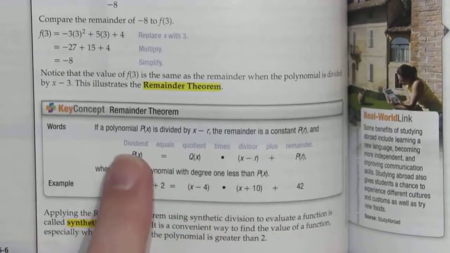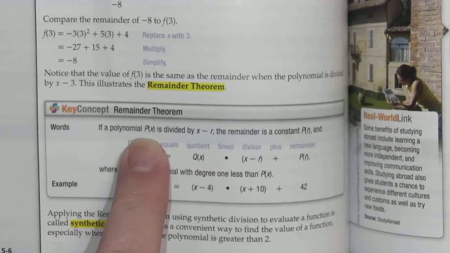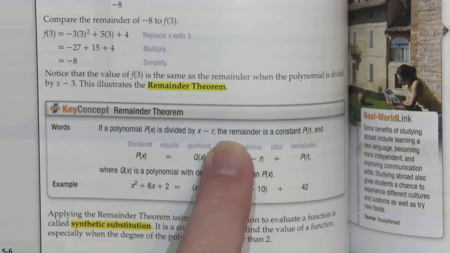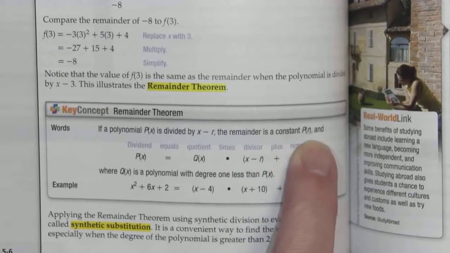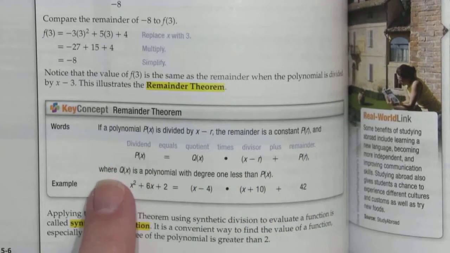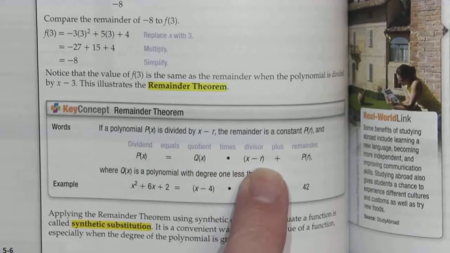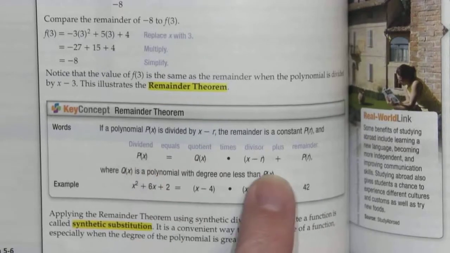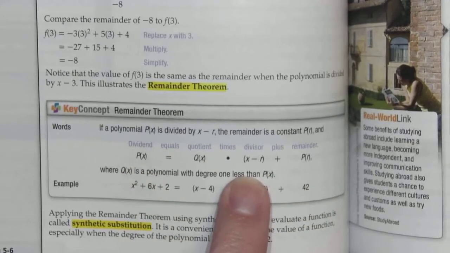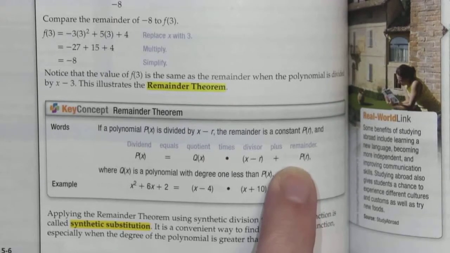Okay. Now, what they're saying is, a polynomial p of x is divided by x minus r. The remainder is a constant p of r. And so p of x equals q of x times x minus r plus p of r. That is very complicated to say that your remainder is going to be the y value.